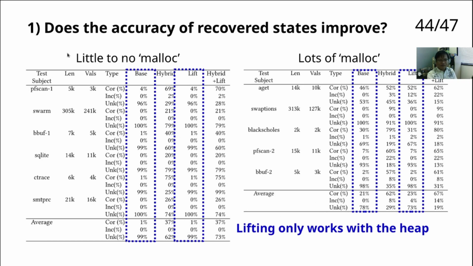Here are the test subjects with little malloc. However, the test subjects on the right side have a lot of malloc, therefore it's working. It's increasing the recovery rate.